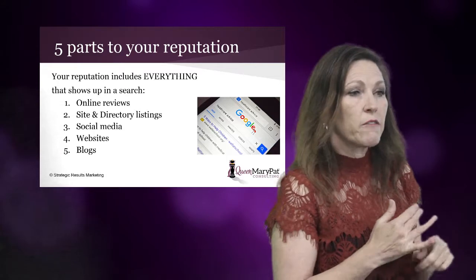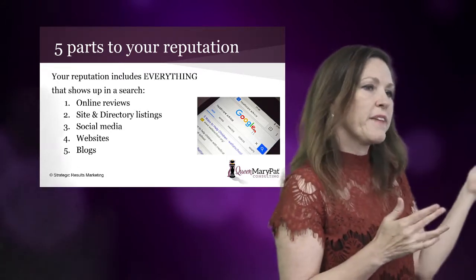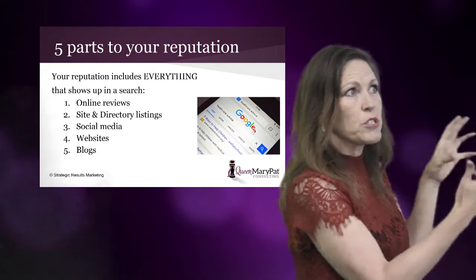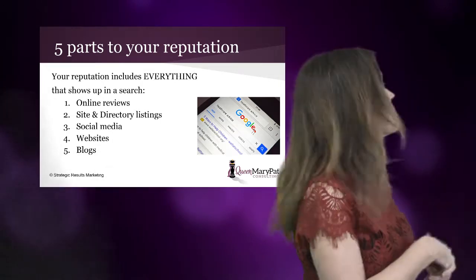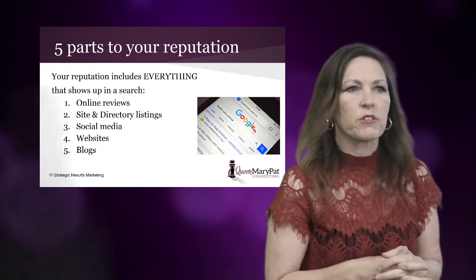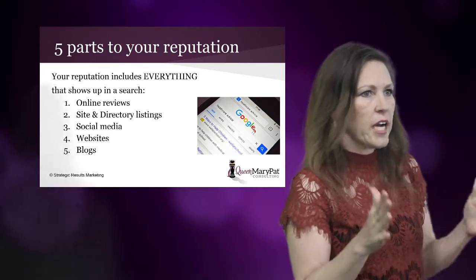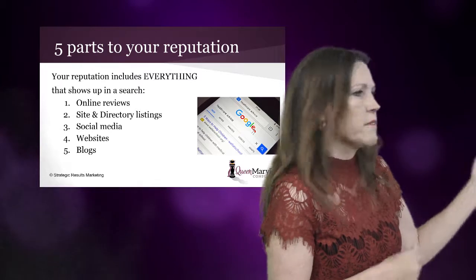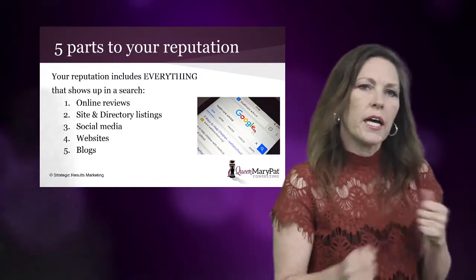Social media, for the most part, even if you have private settings, at least it shows that you're a person and it shows up in a search. And then websites. There's a variety of websites out there, all different kinds of websites that may or may not have your information on it. And blogs. If you've ever commented on a blog, participated on a blog, this is all part of what is incorporated into your online reputation.